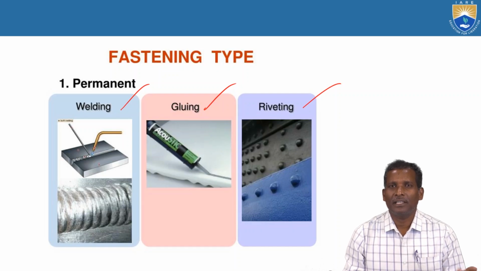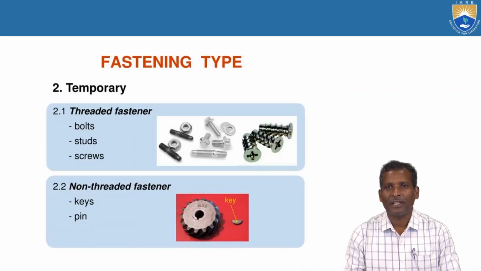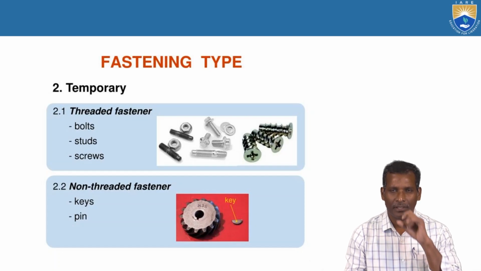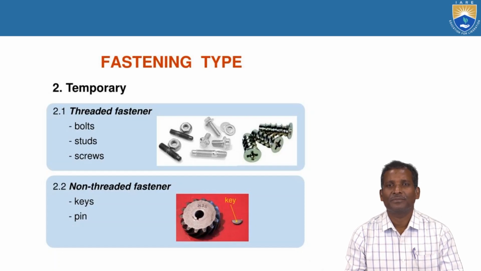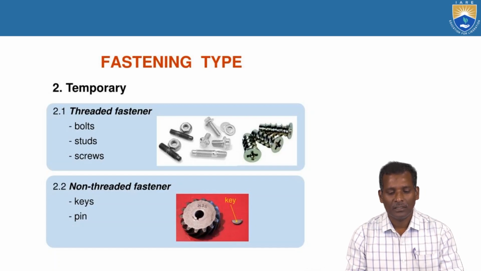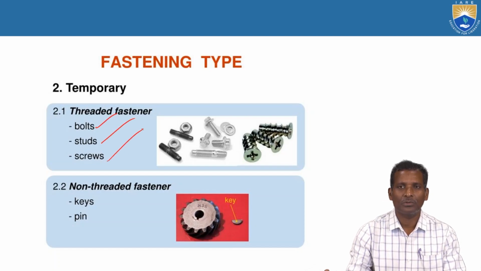There are advantages and some disadvantages also. The next one is temporary joints. Under temporary joints are threaded fasteners and non-threaded fasteners, which are keys and pins. Under threaded fasteners are bolts, studs and screws.